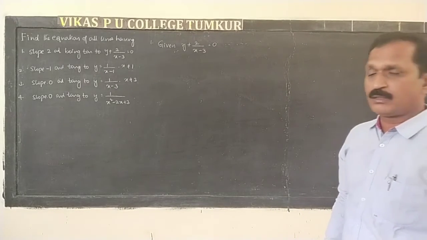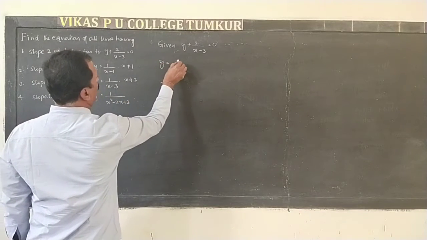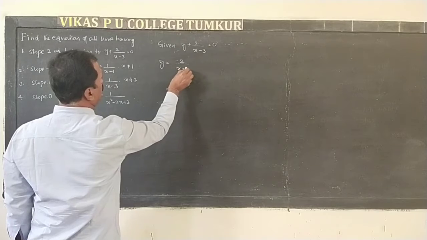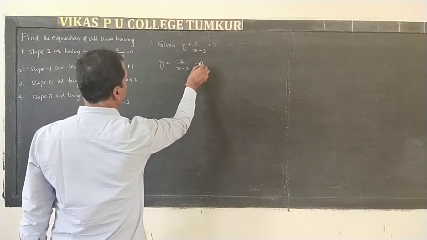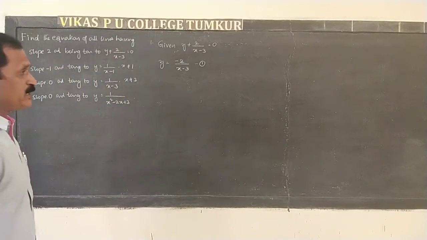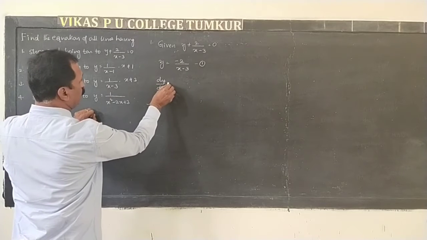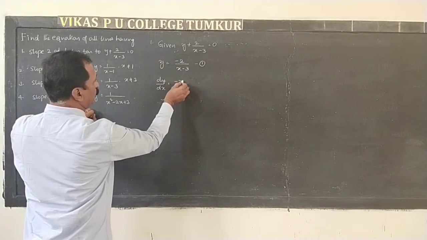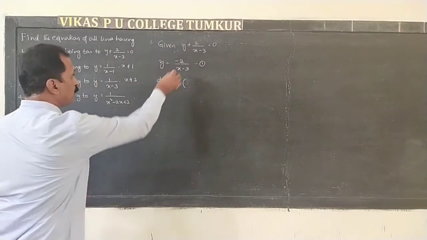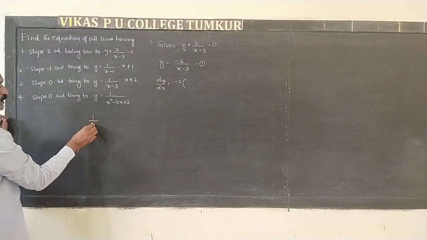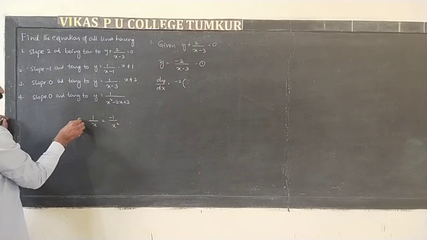Shall I solve those things? Therefore, the value of y is equal to minus 2 divided by x minus 3 ಆಗುತ್ತೆ. Correct ಏನಪ್ಪಾ? Call this as equation 1. Differentiate ಮಾಡ್ತೀನಿ. So your dy by dx is equal to minus 2 into differentiate ಮಾಡ್ತೀನಿ. In the differentiation of the form 1 by x, it is equal to minus 1 by x square.